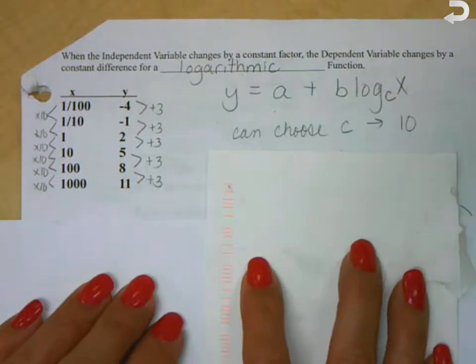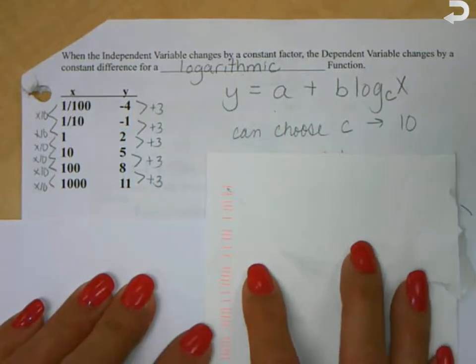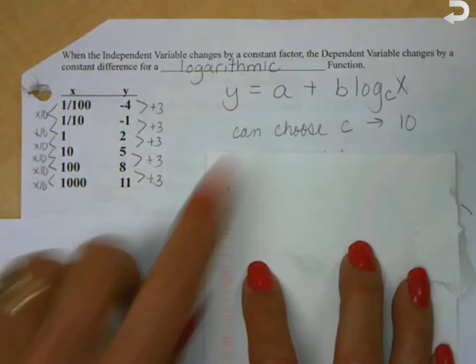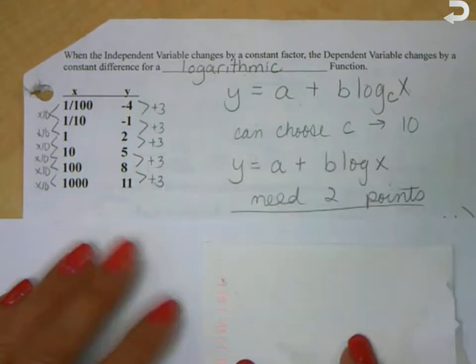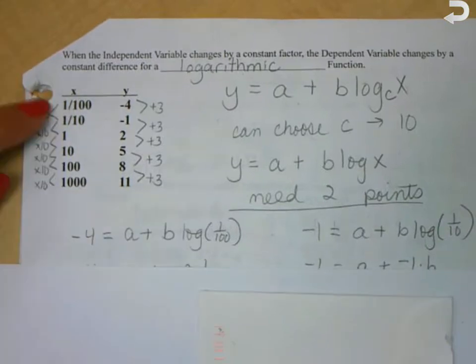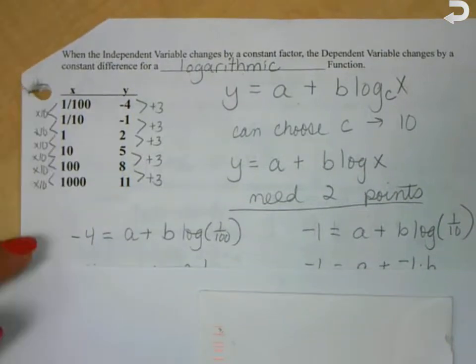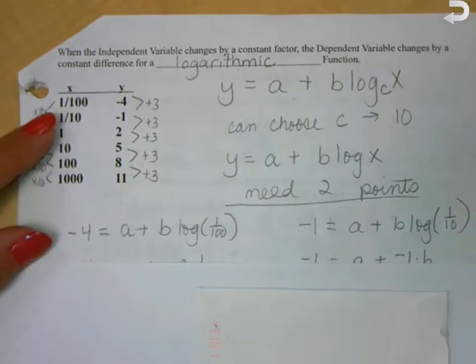Once I had established that I'm going to choose base 10 for my letter c, then I only need a system of 2 equations. So I need 2 points, and I chose to use the first 2 points. I could have chosen the third and fourth points. Any 2 points that I choose will fit the pattern and help me find my model.